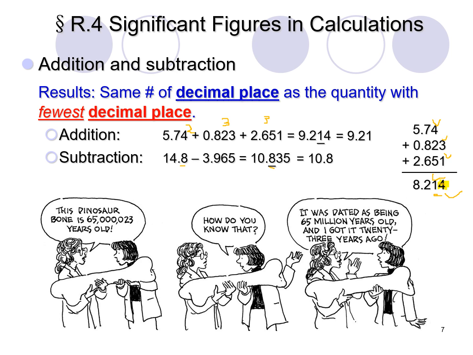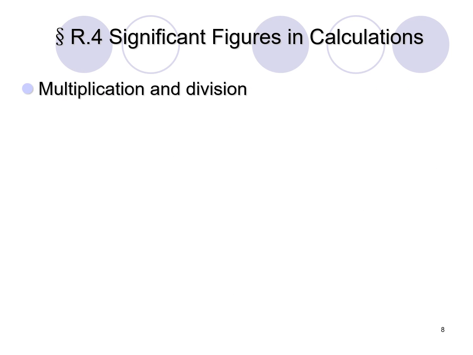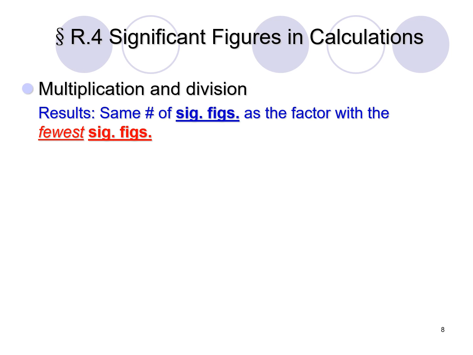Again, I want you to be very careful when you perform calculations with sig figs. For addition and subtraction, we're looking for decimal places. For multiplication and division, we are looking for the fewest sig figs. For example, we have 3 numbers multiplying together, and punching those numbers in the calculator, it shows 45.0118.